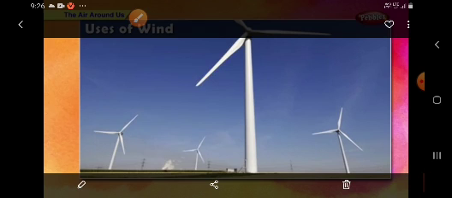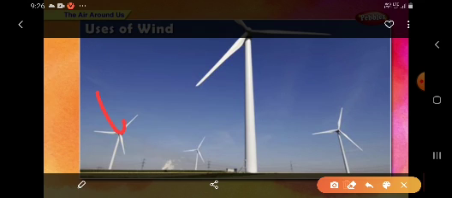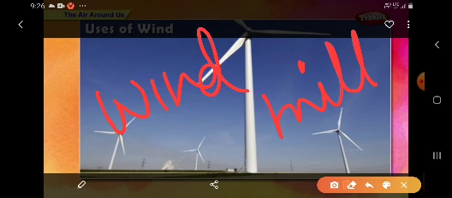Now children, another use of wind is the windmill. As we know, a windmill moves only when there is movement in air, and this movement of air is called wind. This is a windmill. It will only move when there is wind, and this windmill helps in generating electricity.